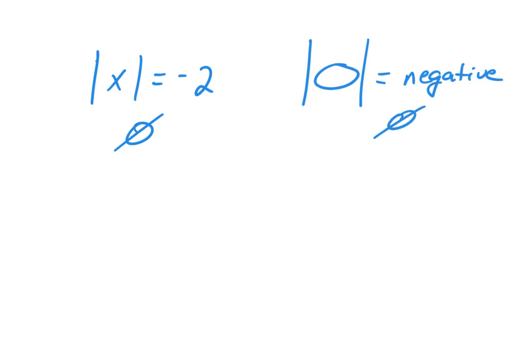Okay, I don't care what's inside of here. If the absolute value is by itself and it's equal to a negative number, it will always be no solution. It doesn't matter what's on the inside. And I'm gonna give you some examples here where, as we start solving through, if I get the absolute value by itself and it's equal to a negative, then I can stop right there. I don't have to keep going.